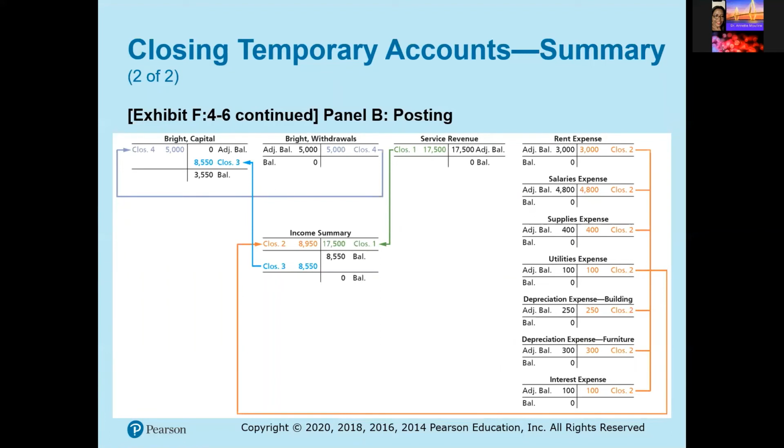Also here in Exhibit 4-6, panel B shows the posting to T accounts. And these are the T accounts.